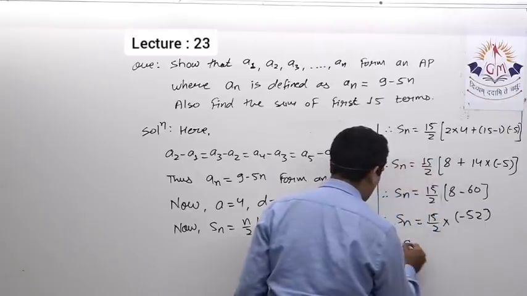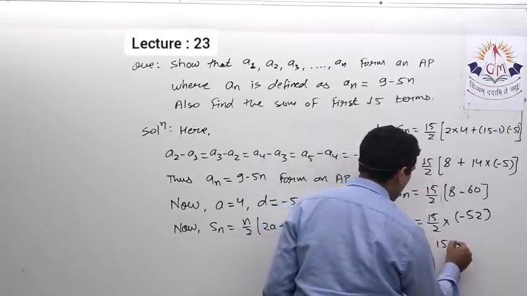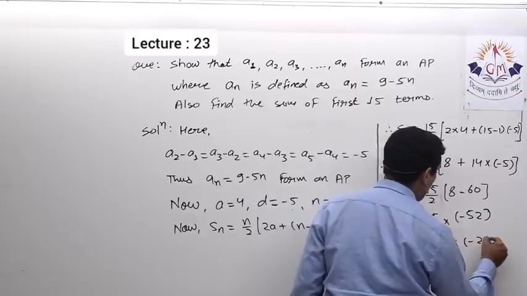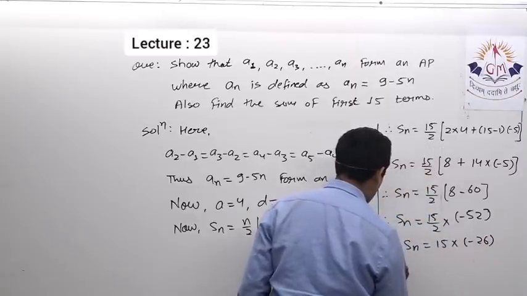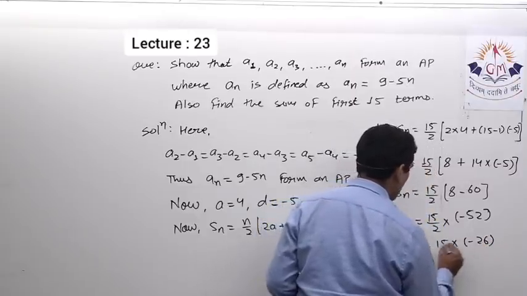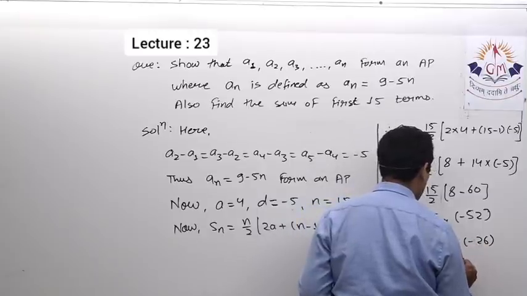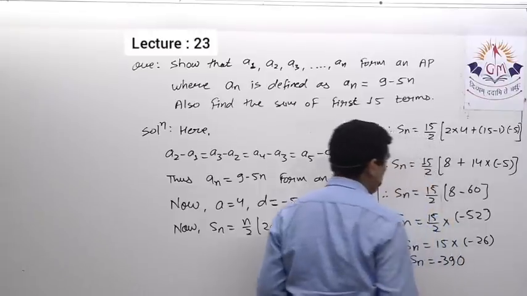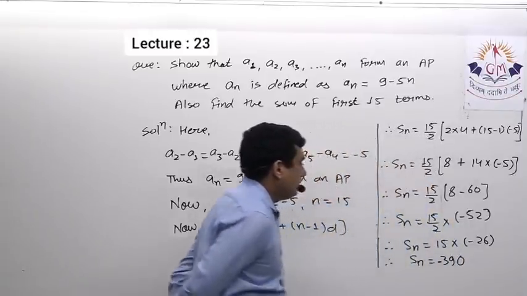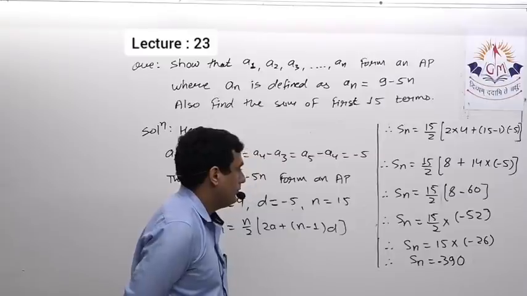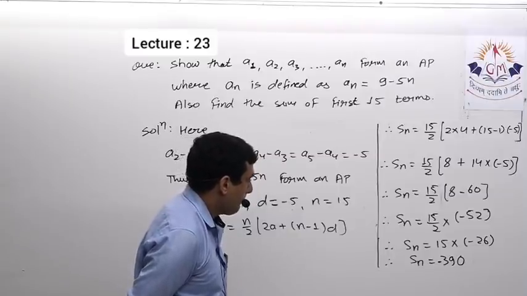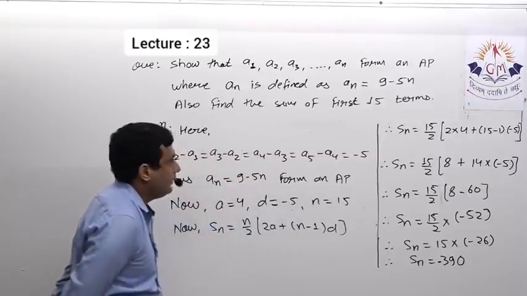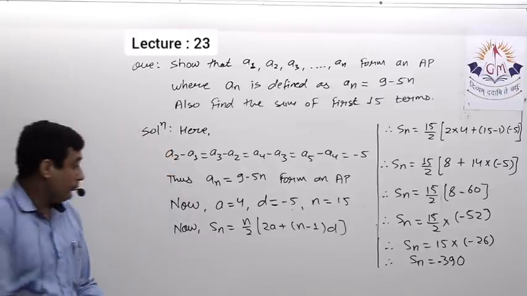So finally Sn is equal to 15 multiplied by minus 26. So finally I can write Sn is equal to minus 390. Okay, so please note it down, then we'll see one more way.